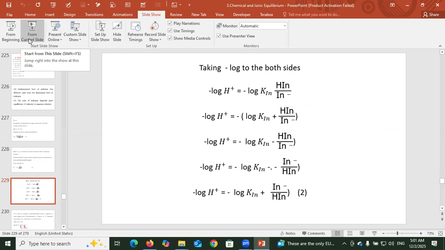Taking log on both sides, minus log [H+] equals minus log K In plus log [In-]/[HIn].